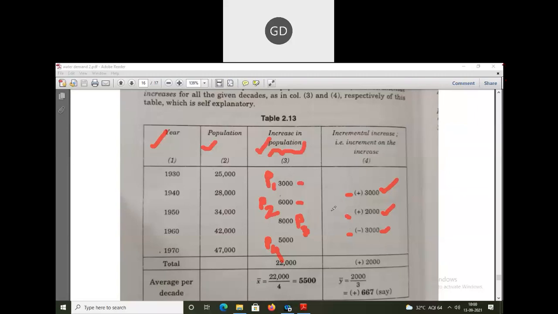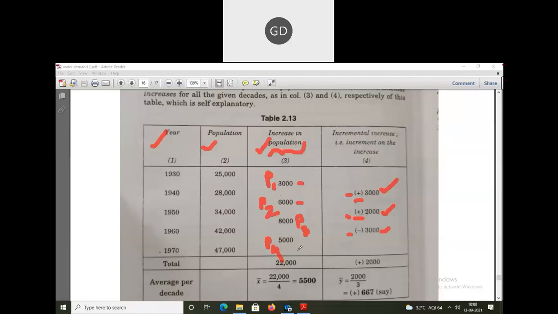When you are subtracting 6,000 minus 3,000, it is a positive value, you get 3,000, so we put the plus sign here. Then 8,000 minus 6,000, you get a positive value, 2,000, so you get a plus sign here.